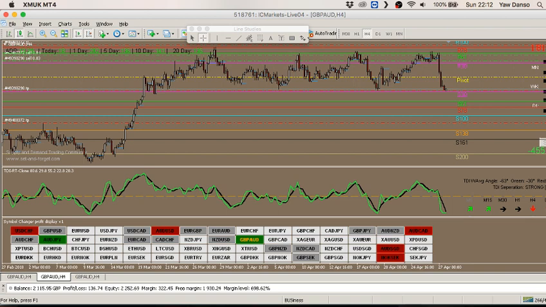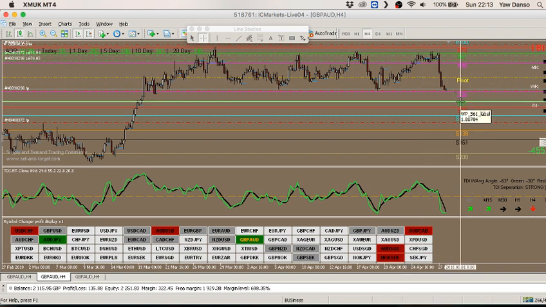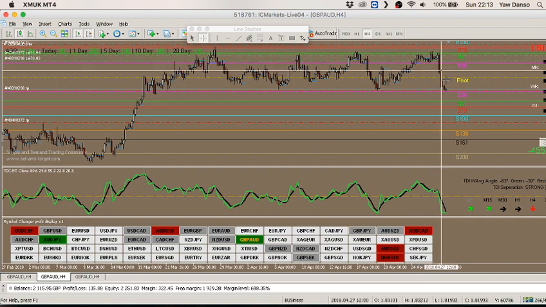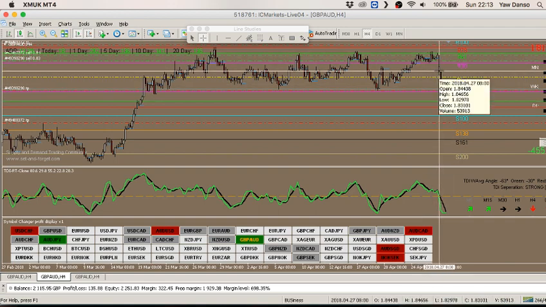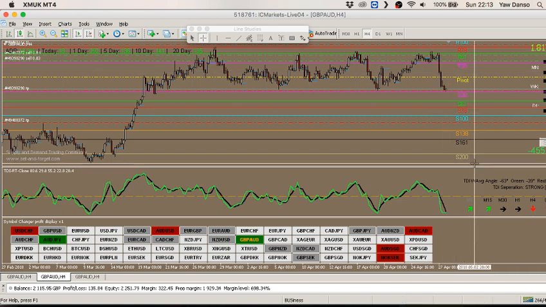Just look at what price is doing, and then with the help of other things like this indicator I showed you, you can actually be profitable. So I hope I answered your question.